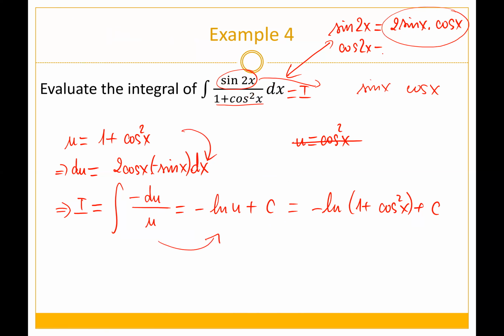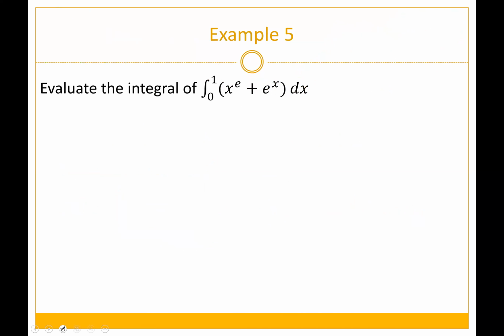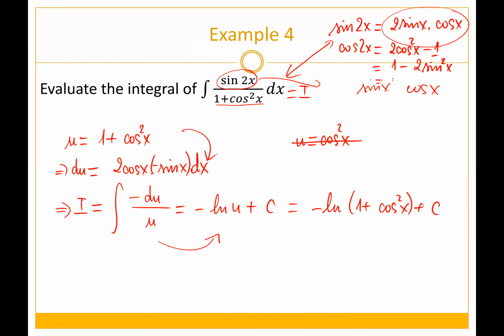Cosine 2x is 2 cosine square x minus 1, which also equals 1 minus 2 sine square x, or also equals cosine square x minus sine square x. And this slide is going to be posted after this session ends, so don't worry about copying them for now, but just know that you have the double angle formula for sine 2x and cosine 2x as well.